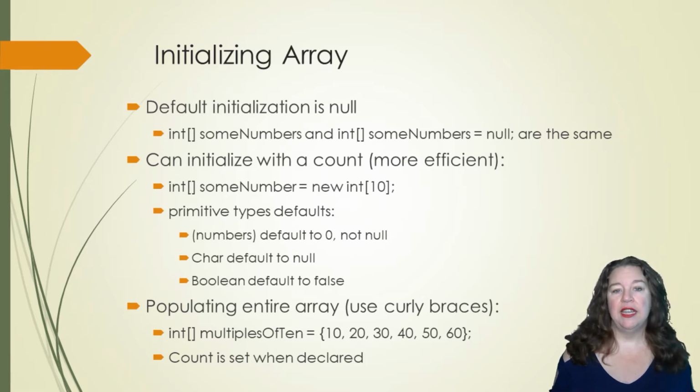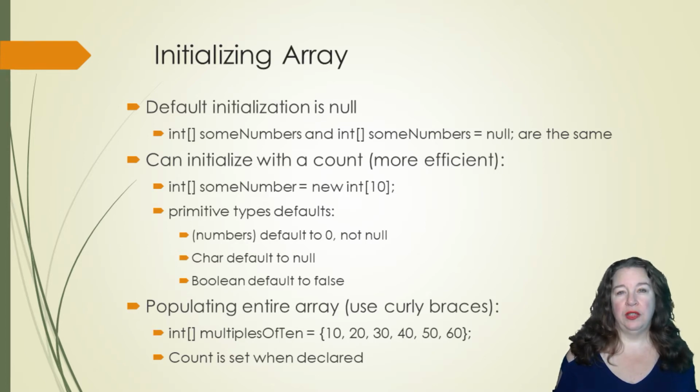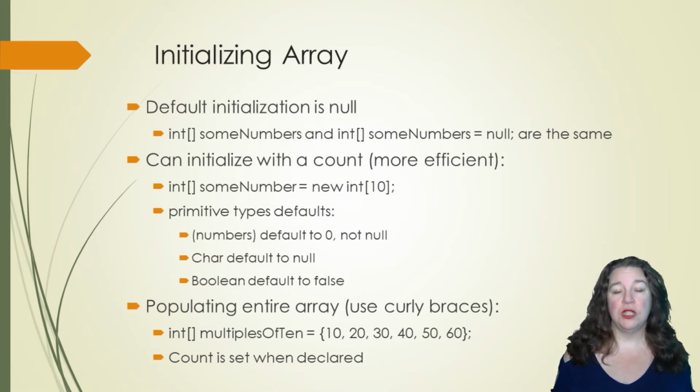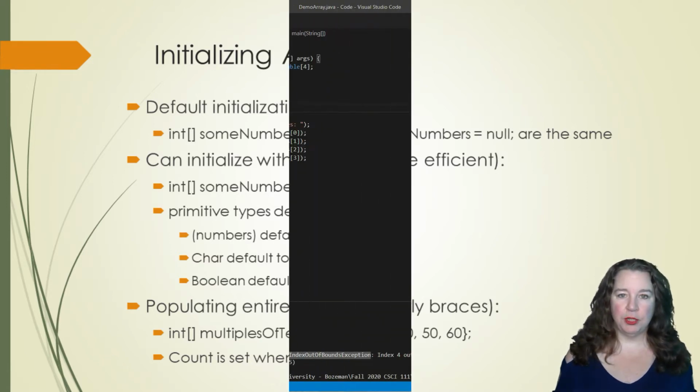So I can say integer, open and close bracket, multiples of 10, and I could put in 10, 20, 30, 40, 50, 60, 70, 80, 90, 100, something like that, and put them inside curly braces separated by commas. This will declare a new integer array with these values already there. If you know what the values are in there, it's more efficient to do it that way. If you don't, if you need the user to tell you, then obviously that's not going to be an option.